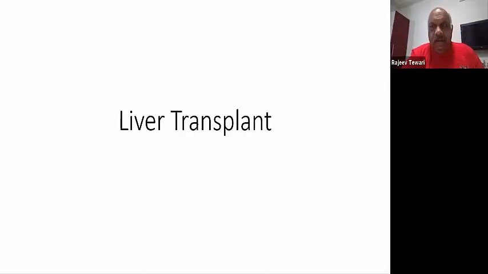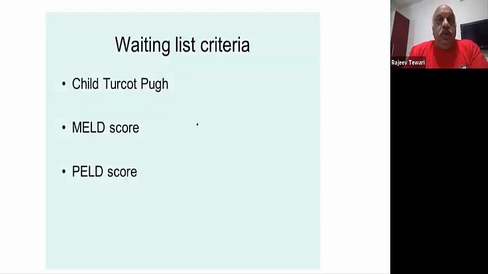Next slide, please. Yeah. So you see 3 criteria, another 4 criteria, all of you. Obviously, fibroscan is important. That's the medical part. Coming to the surgical part, 3-4 criteria. All of you should remember, you have MCQs on those. One is Child's book, second is MELD score, third is PELD score, and fourth is Milan criteria.